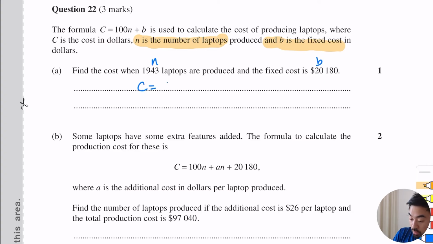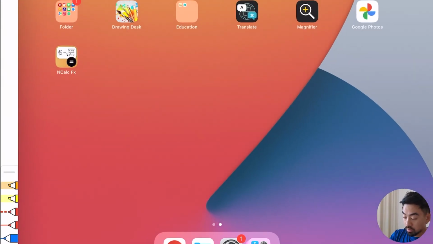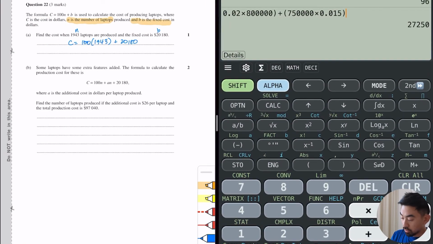So C is 100 times 1943 plus 20180. So we've got 100, let's delete that, 100, 1943, plus the fixed cost 20180.